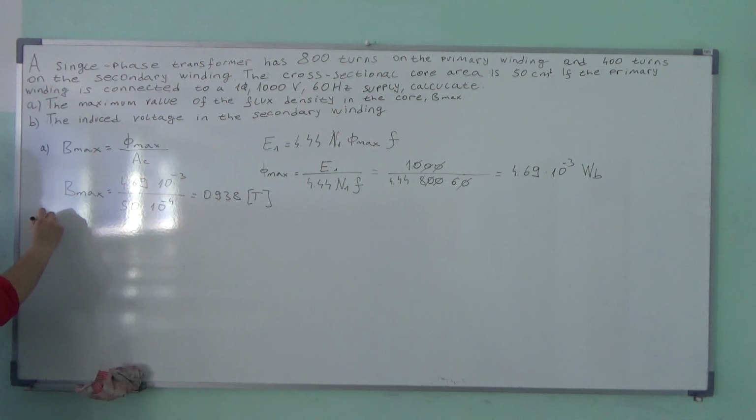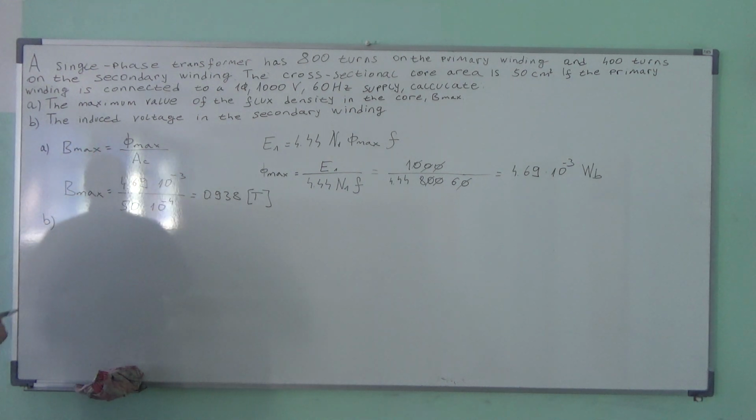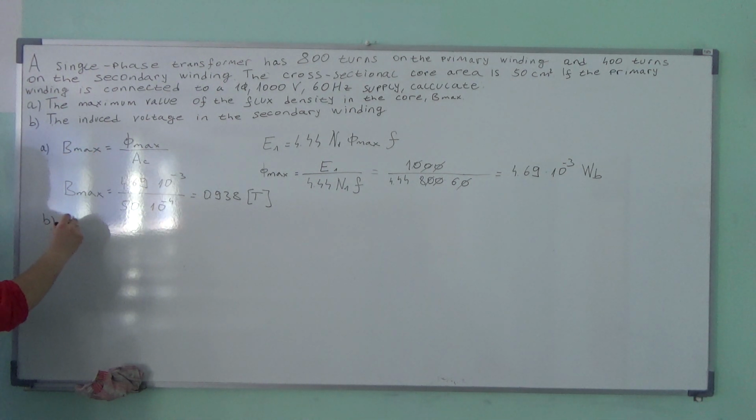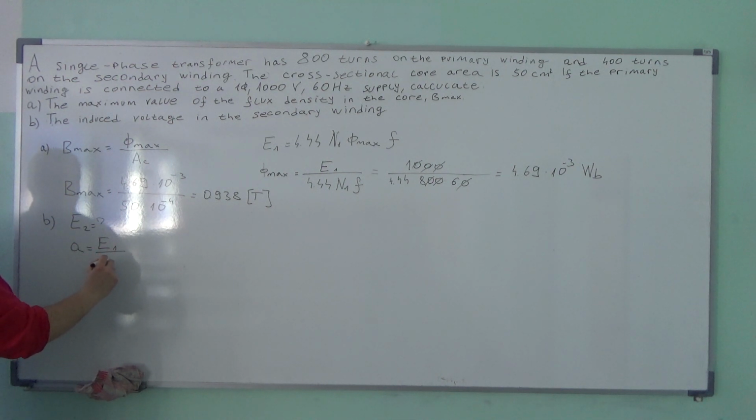Now for B, it says we have to calculate what is the induced voltage E2 on the secondary side. Well, we know that the turns ratio of a transformer is equal to E1 divided by E2, and that is equal to the number of turns on the primary side divided by the number of turns on the secondary side.